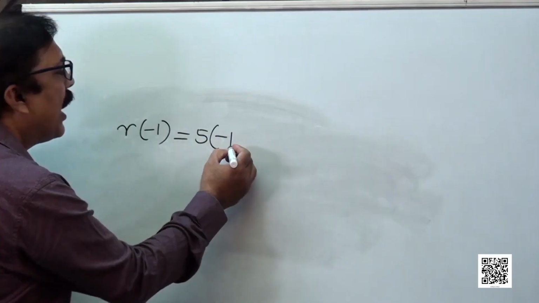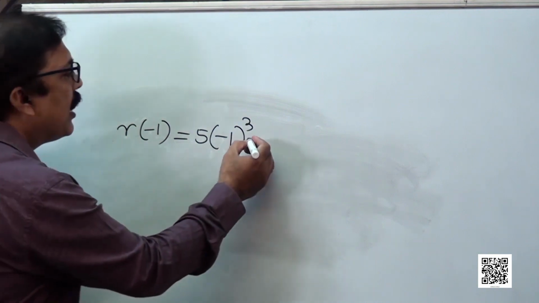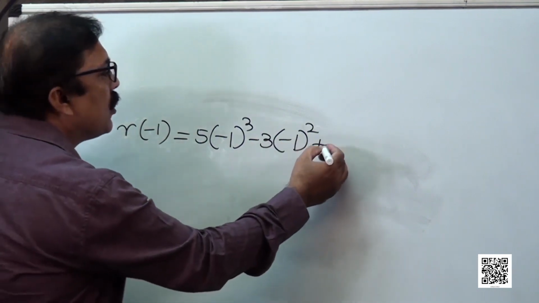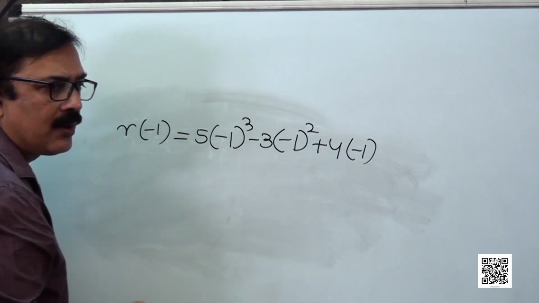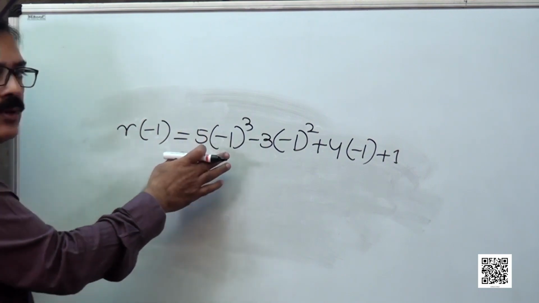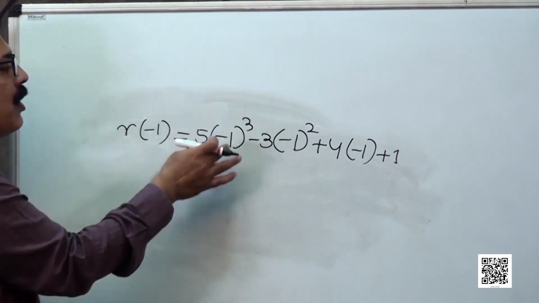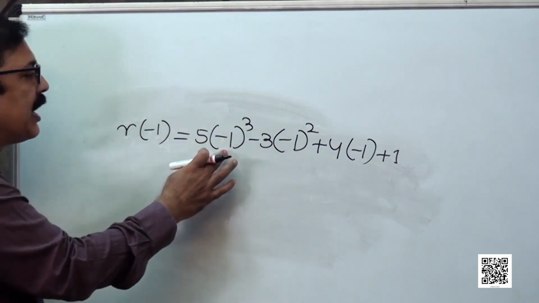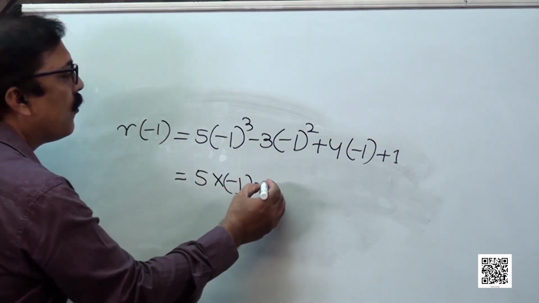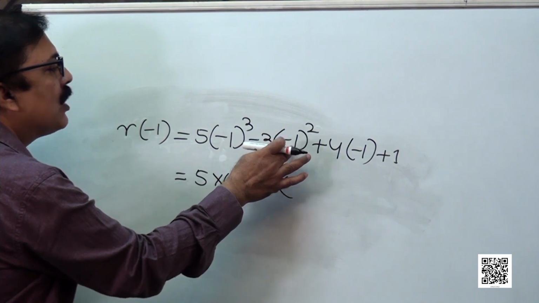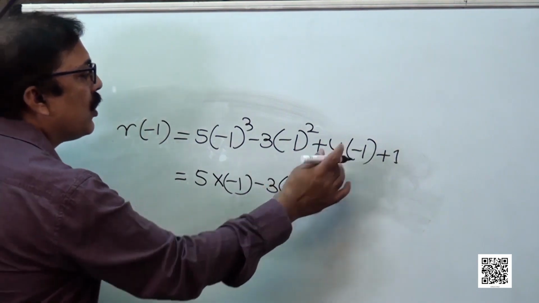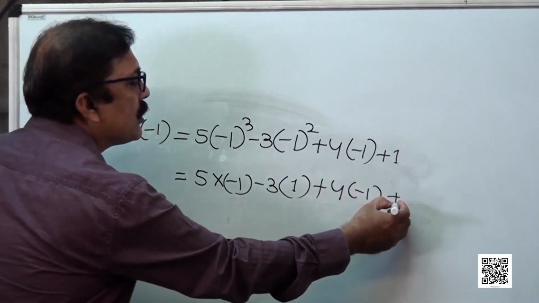So 5 into minus 1 to the power 3 minus 3 into minus 1 to the power 2 plus 4 into minus 1 plus 1. And as we know, the odd exponent of minus 1 gives value minus 1. So 5 into minus 1 minus 3 into, and minus 1 square is plus 1, plus 4 into minus 1 plus 1.